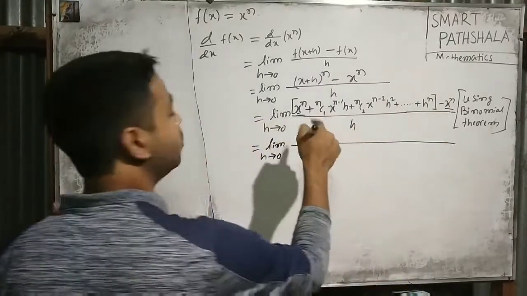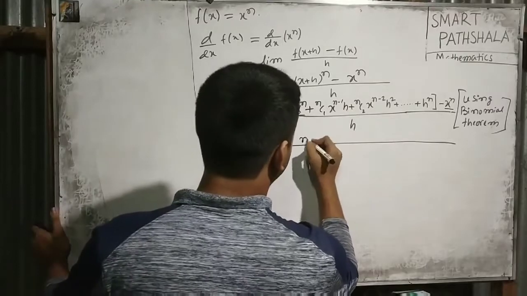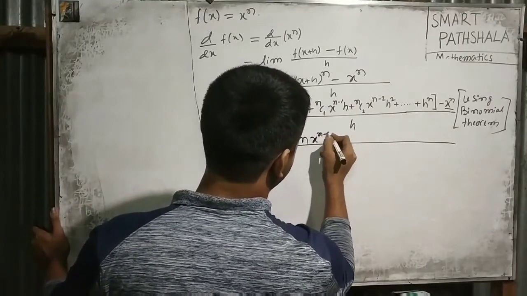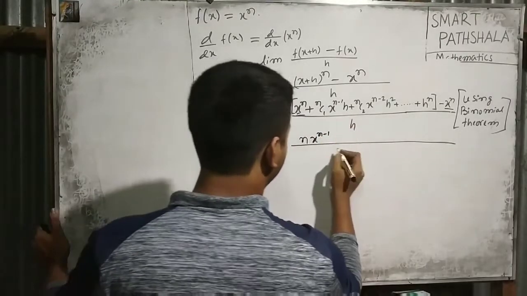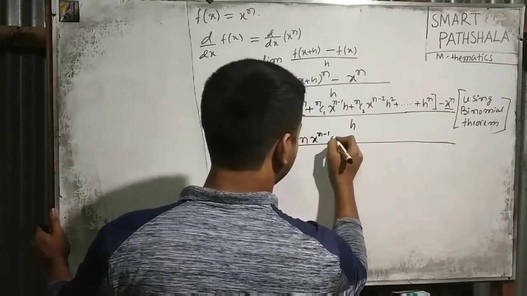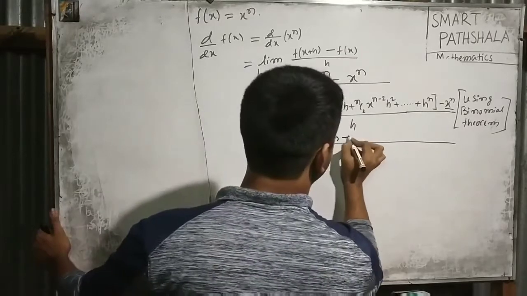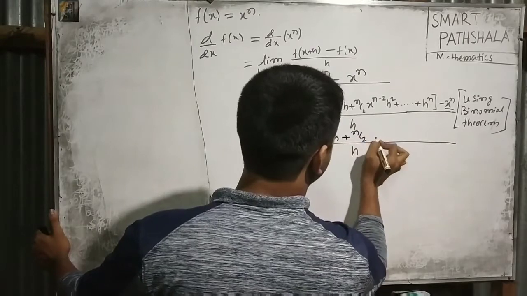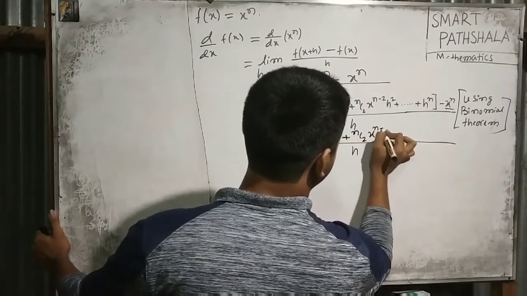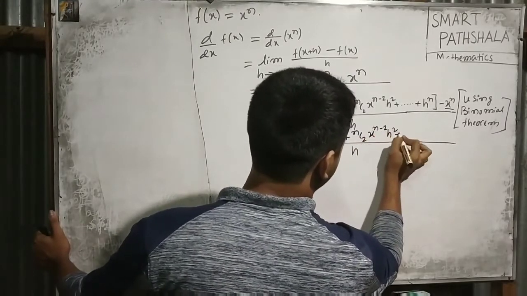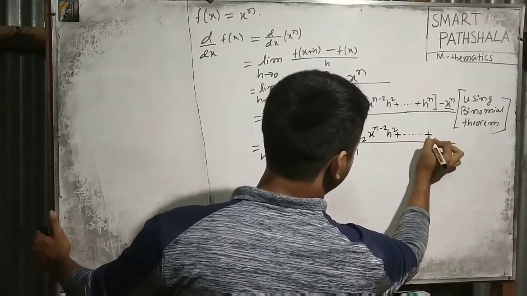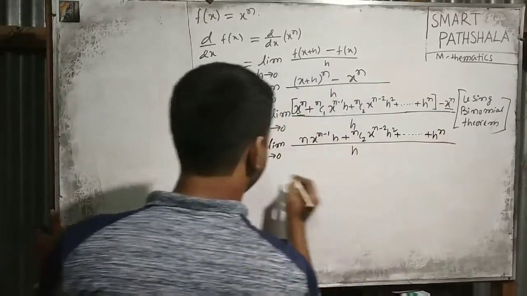Now nC1 is n, and we have x to the power n minus 1 h, then nC2 x to the power n minus 2 h square, plus and so on, plus h to the power n, all divided by h.